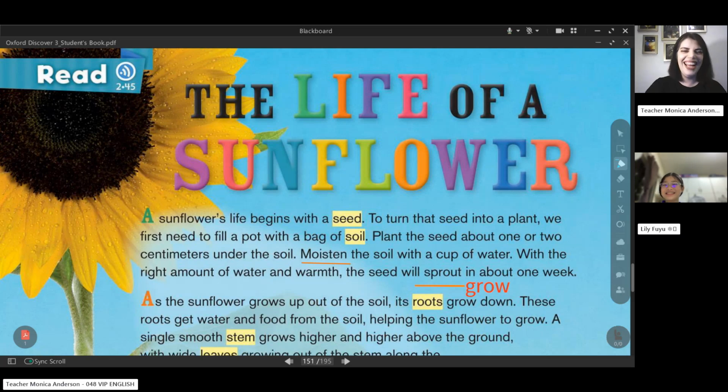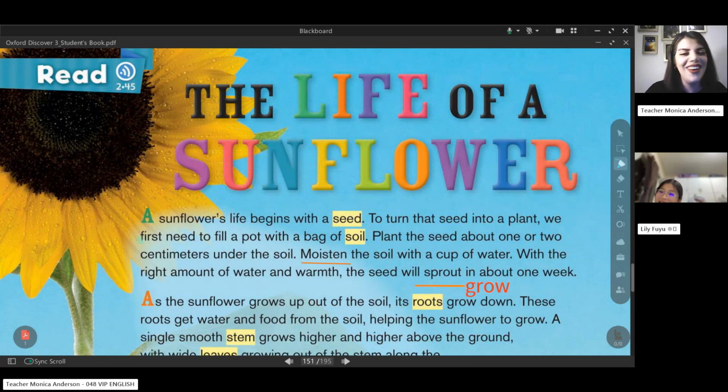A sunflower begins with a seed, then we put it in the soil. Then we need a pot. We don't use a bag of soil. That is impossible. We need a pot to fill with soil.